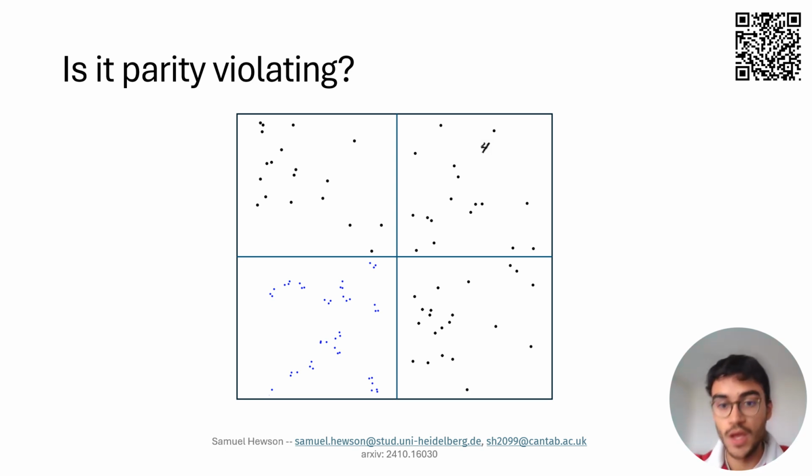So looking at these, this first image actually comes from a data set of randomly generated images. So when we train our network on these images and evaluate them, we find no parity violation. So 50% means we have an equal number of what the network assigns to be left and right-handed objects.